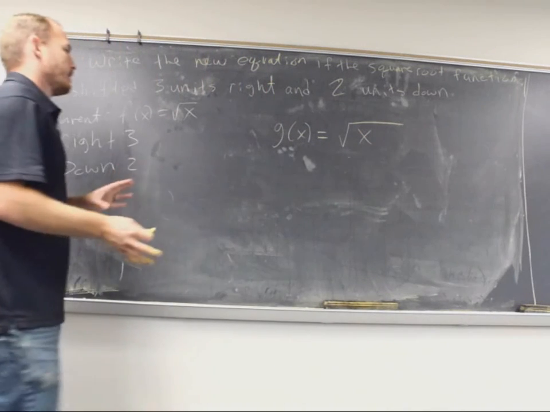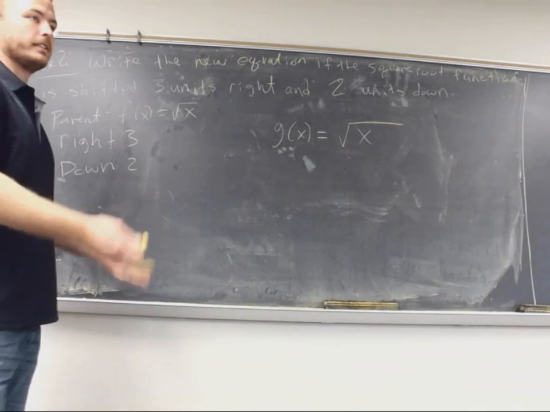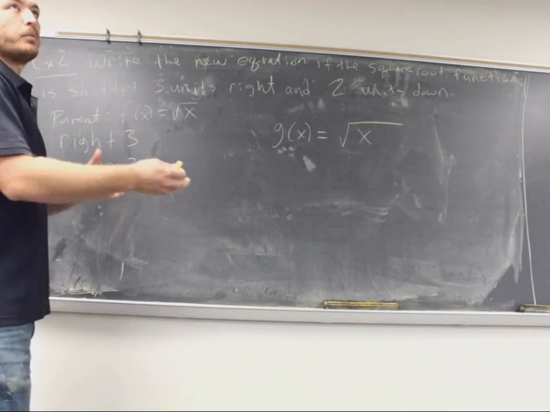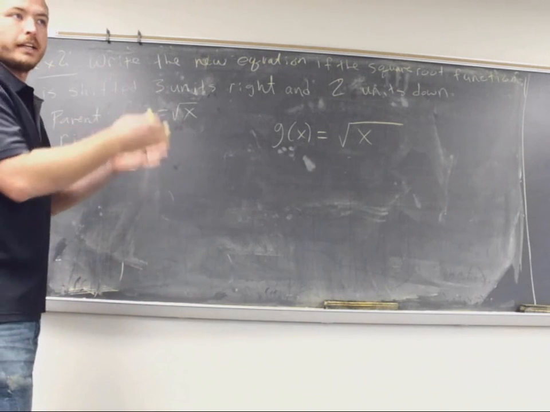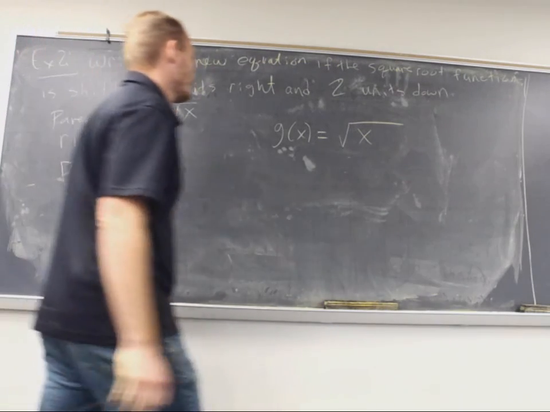Now we need to determine our signs and what goes inside and what goes outside. I like starting with the outside first because it's the easiest part here. Outside is the vertical, up and down, and it works the way we think it should work. That's why it's the easiest.